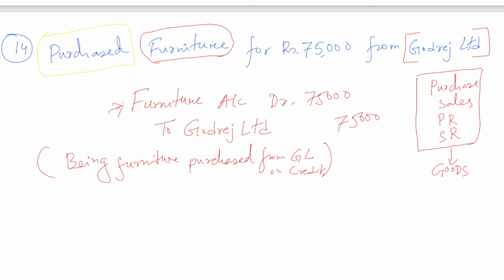If it is a computer shop, then any computer purchased, or any hard disk or memory card or anything related to computer, can be considered as goods, unless and until it is specifically used as an asset.